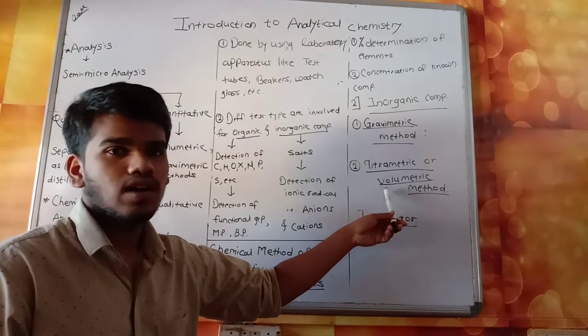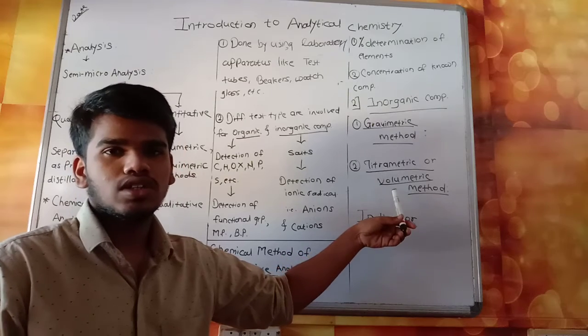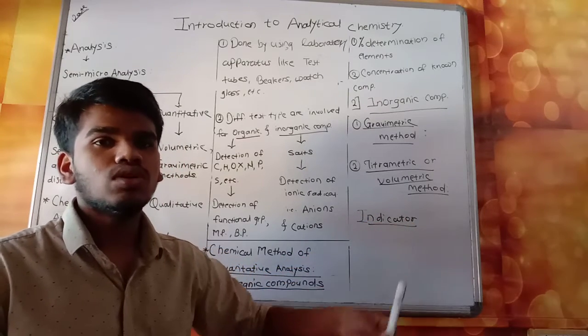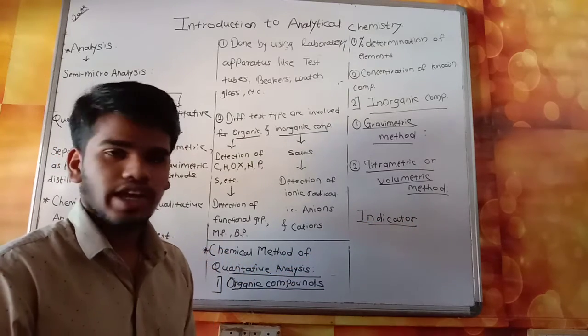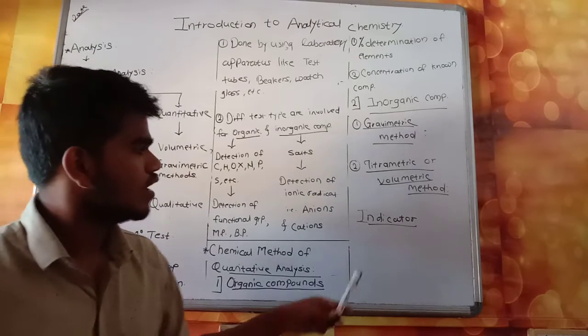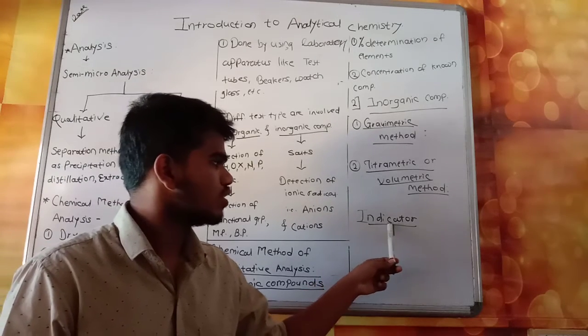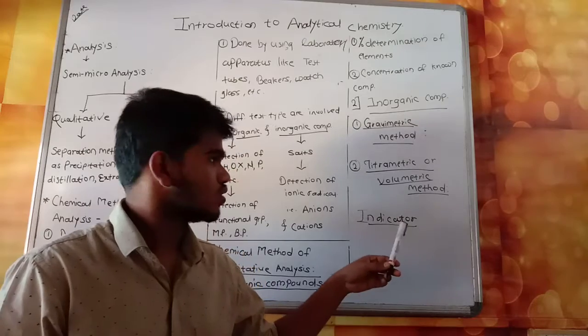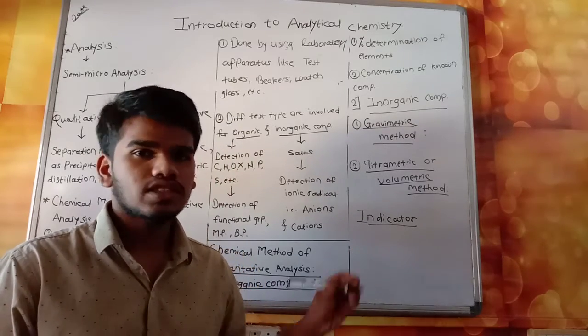It shows how much of a certain solution or chemical is required to complete the reaction, in ml or cm cube, and a chemical known as an indicator is used to show that the reaction is completed.